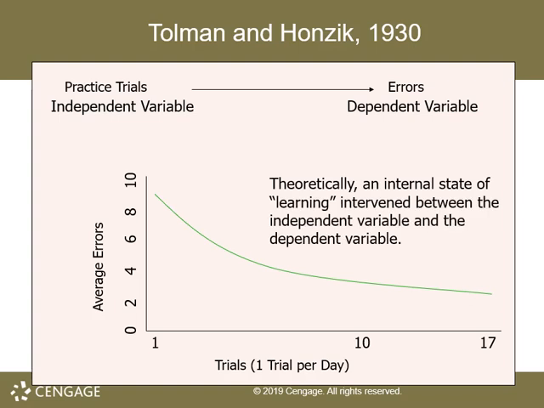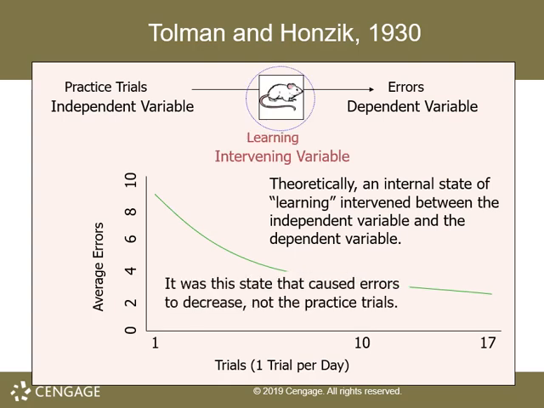So theoretically, an internal state of, quote, learning intervened between the independent variable of practice trials and the dependent variable of errors. So learning is the intervening variable. Listen to this. It was this state, learning, that caused errors to decrease, not the practice trials.